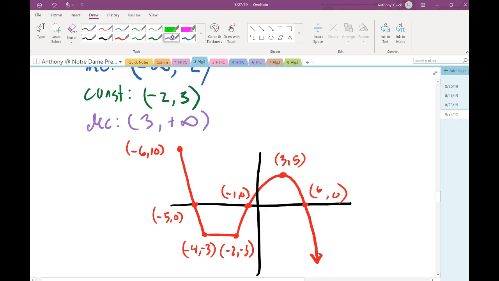We're going to do both increasing and decreasing and positive, negative.